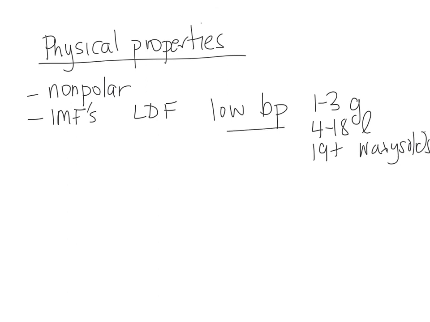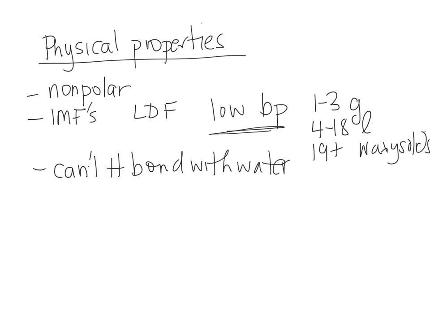So this is because of such a low boiling point. Now the nonpolar means they've got London dispersion forces, so they can't hydrogen bond with water. Therefore, they're not soluble in water, but they can dissolve in nonpolar solvents.